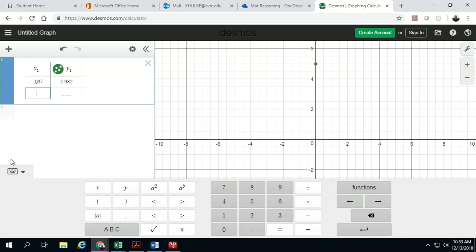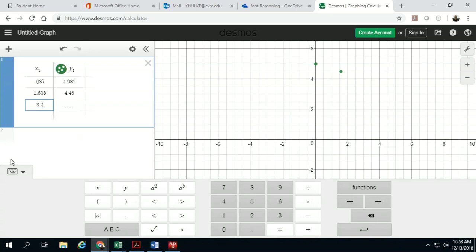Then I have 1.608 goes with 4.48. 3.179 goes with 4.057. Now I'm going to graph 0 and see what it goes with.